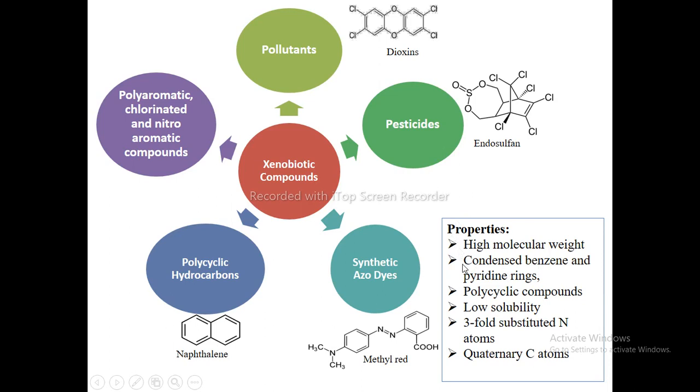They may contain condensed benzene and pyridine rings. They may be polycyclic compounds. They exhibit low solubility. They have a higher number of substituted nitrogen atoms, and they also have quaternary carbons. Okay, so these are some properties that make them very recalcitrant or non-biodegradable by microorganisms.